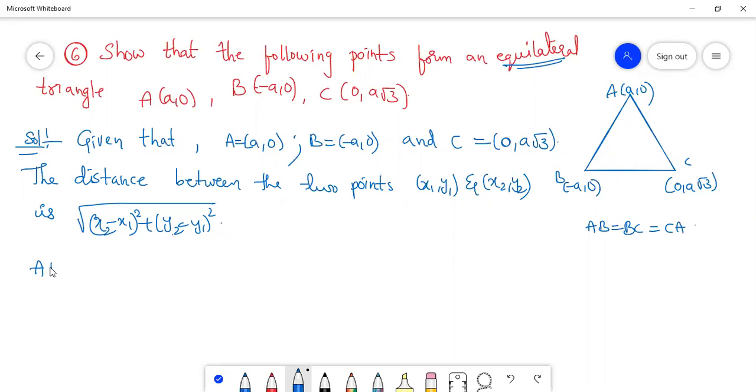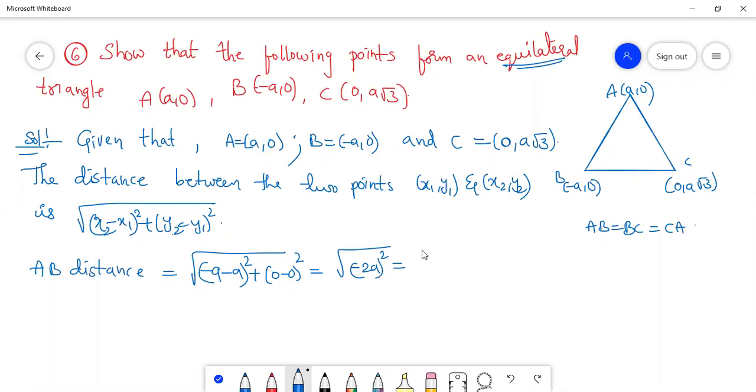Here first we can find out AB distance, that is the length of one side of the triangle, equal to under root of (minus a minus a) whole square plus (0 minus 0) whole square, equal to under root of (minus 2a) whole square, equal to under root of 4a square, equal to 2a.